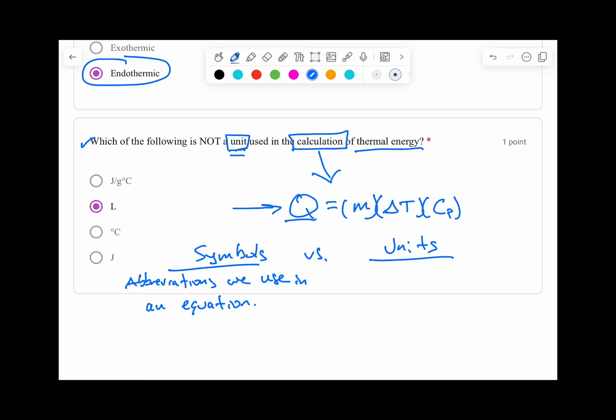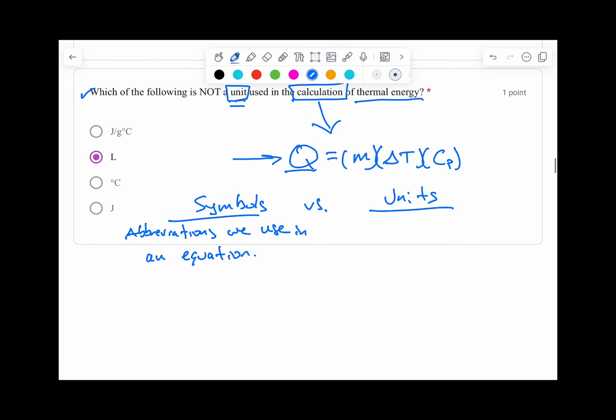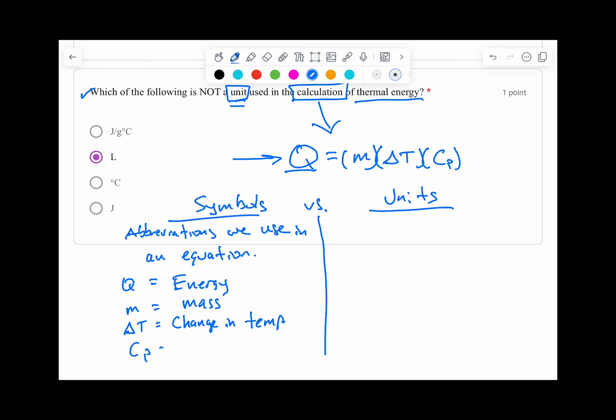Q is a symbol, and so we'll go over here and just make a little room. So Q is our symbol for energy. M is our symbol for mass. Delta T is our symbol for the change in temperature. And Cp is our symbol for specific heat.